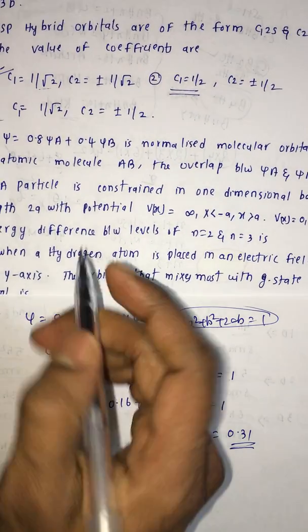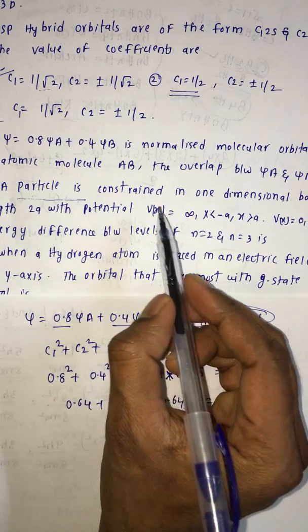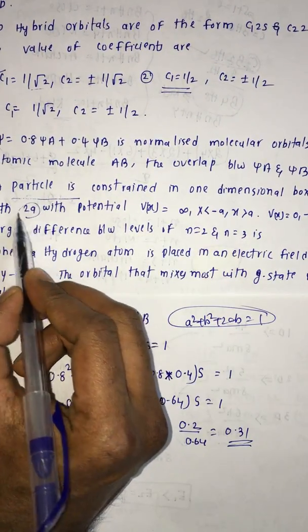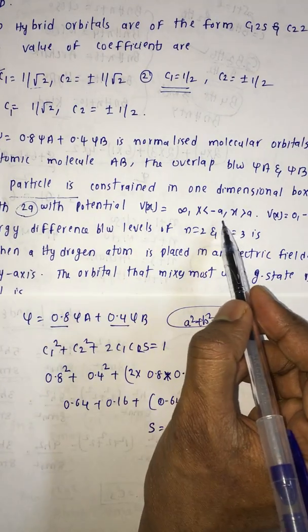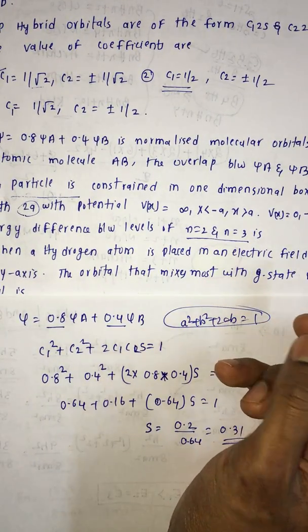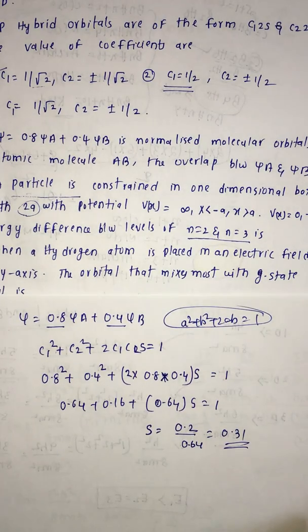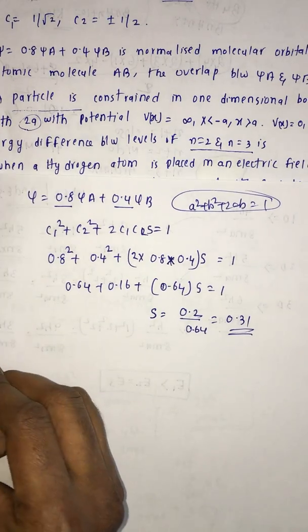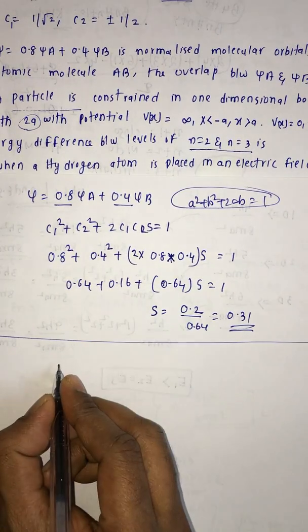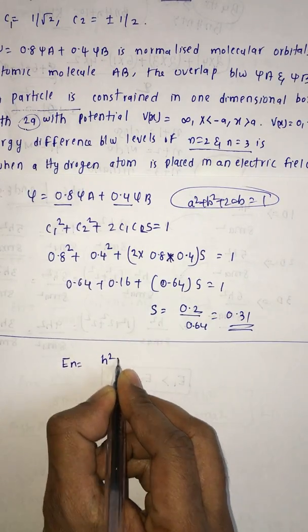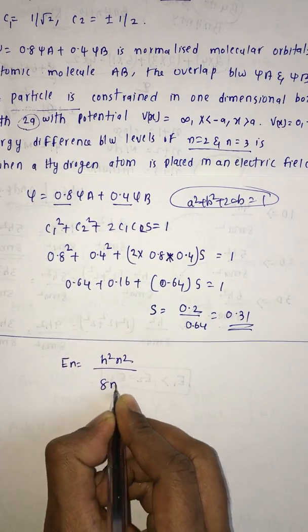And the next question we have: a particle is constrained in a one-dimensional box of length 2a with a potential of this one. The energy difference between n equals 2 and n equals 3 is. So here we have the energy h square n square by 8 ma square.